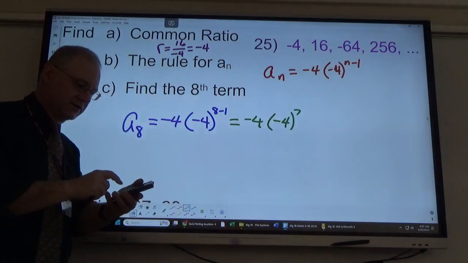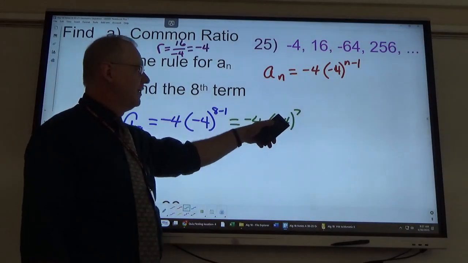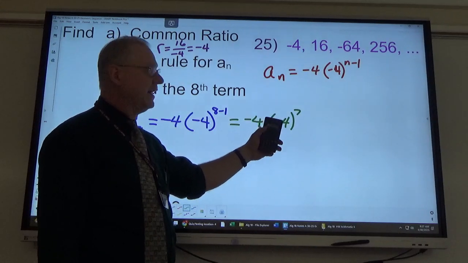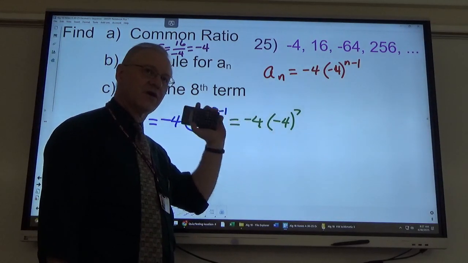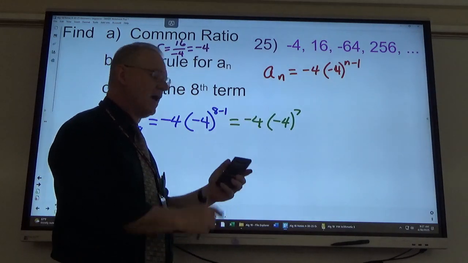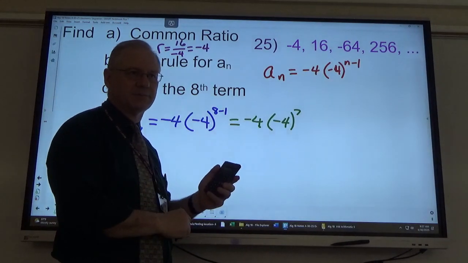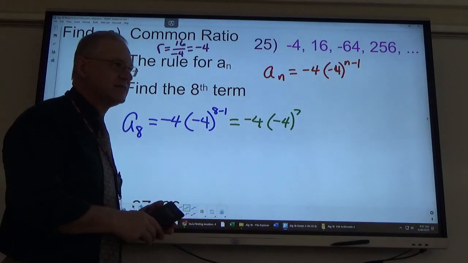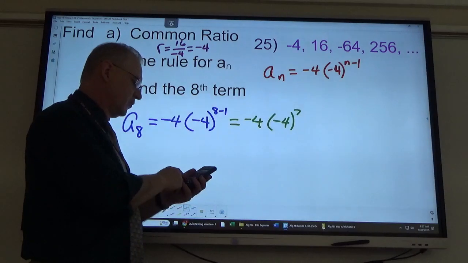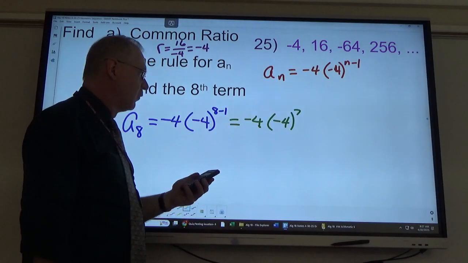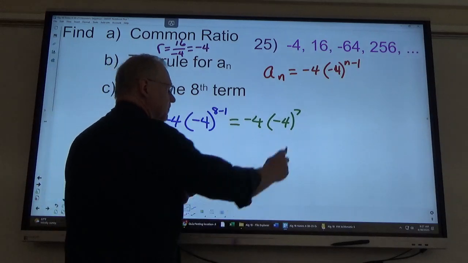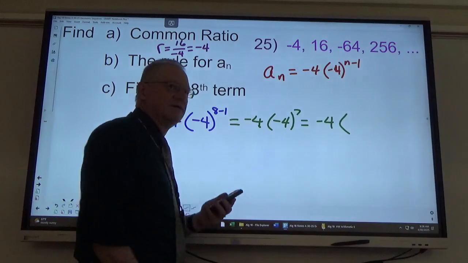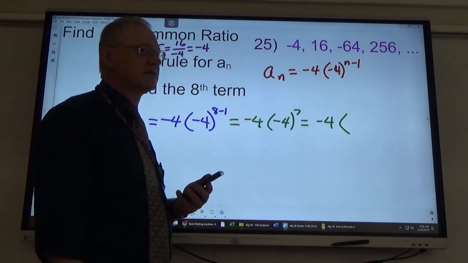Now, when we use your calculator, be aware that a negative to a power, well, we can do that part in our head, but if you're using the calculator and you want to use it to calculate that as well, you need parentheses around that number, because the calculator will not do it correctly unless the parentheses are there. So when I raise -4 to the 7th power, any odd exponent that you're raising a negative number to, it's going to be negative.